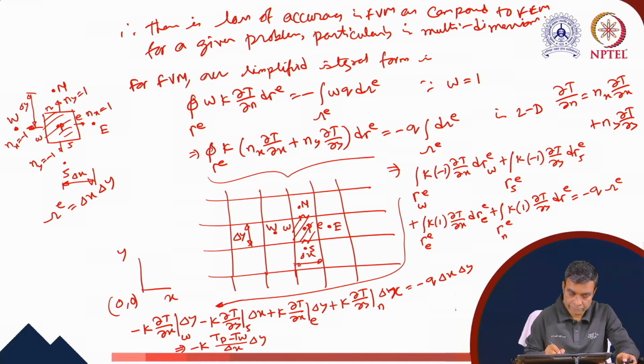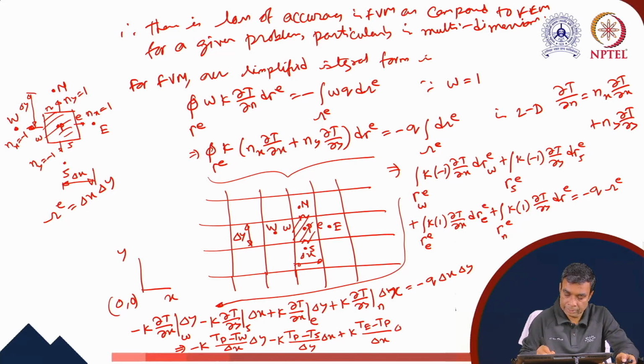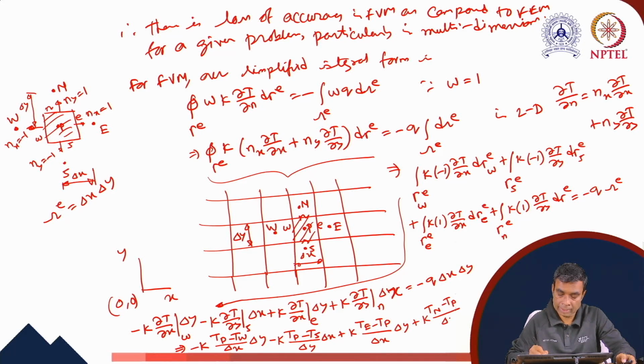Minus k into ∂T/∂y at the south face is (Tp minus Ts) by delta y into delta x, plus k into ∂T/∂x at the east face (Te minus Tp) by delta x into delta y, plus k into ∂T/∂y at the north face, it is (Tn minus Tp) by delta y into delta x, equals minus q delta x delta y.